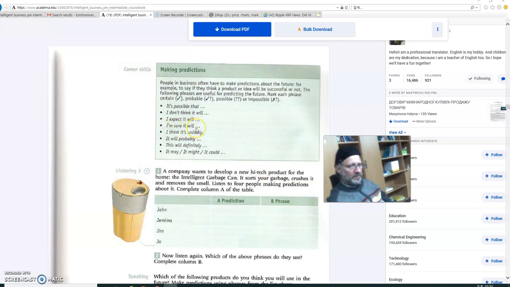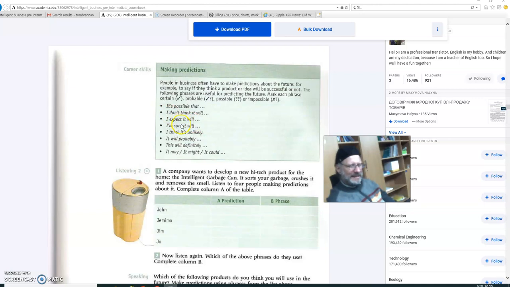I'm sure it will. And you can make a prediction using that. It's a fairly strong position. I'm sure it will be a good movie. I'm sure it will be a successful service or product.